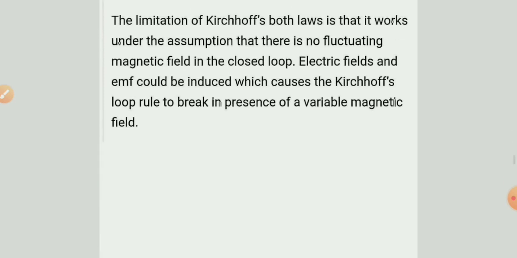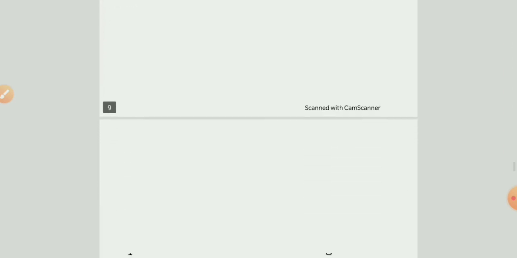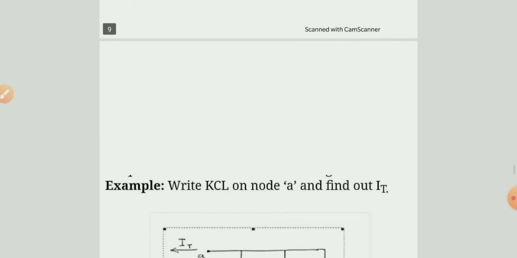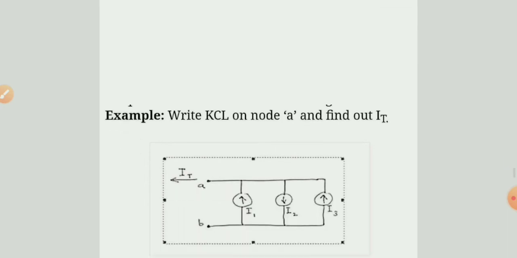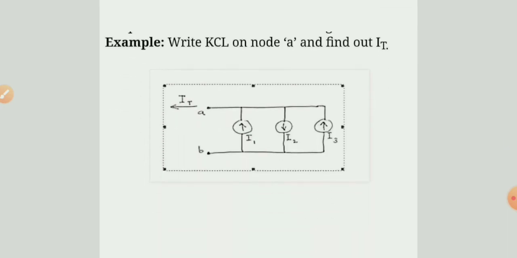We will discuss some examples. If we take positive sign for outgoing current and negative for incoming current, the question is: write KCL on node A and find IT, meaning total current.